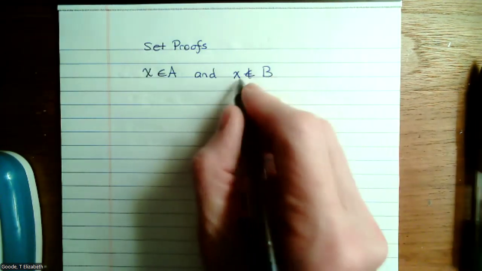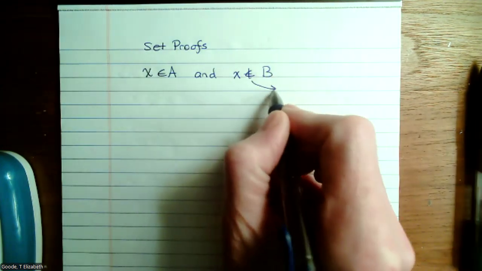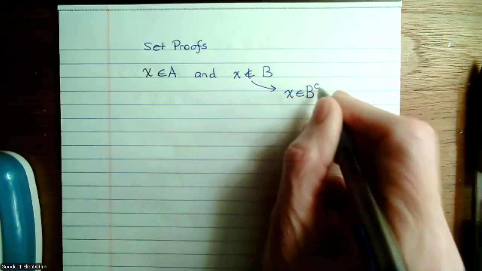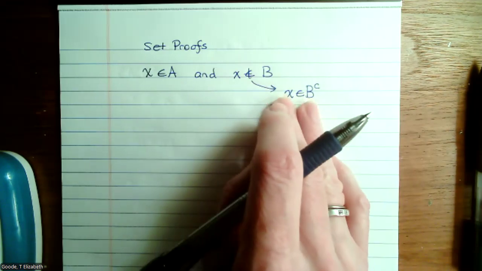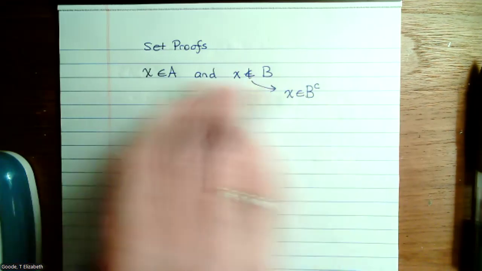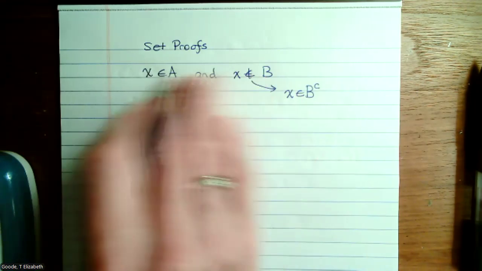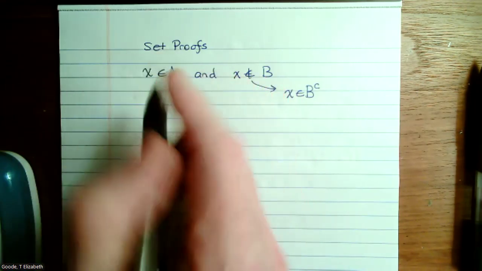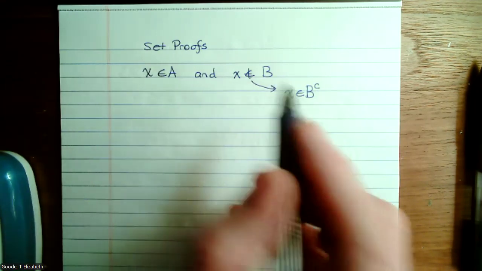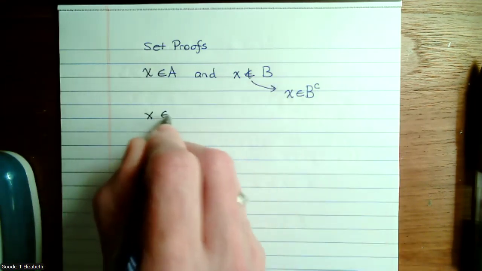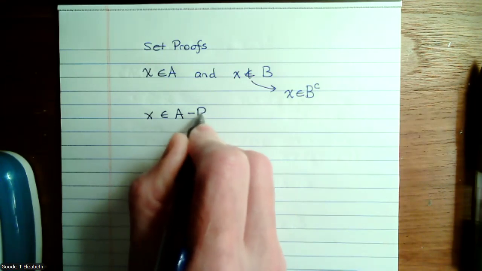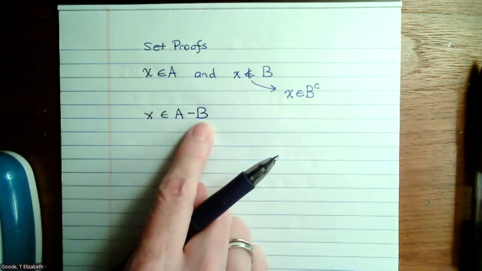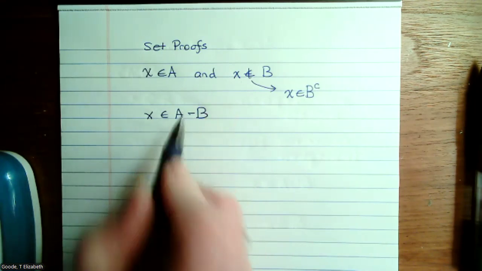You could go from this statement to the statement x is therefore in B complement, but that's about all you can do with that. This pretty much breaks things down to what I consider atomic elements. x is an element of A minus B can still be broken down because we have a set operator in play there.